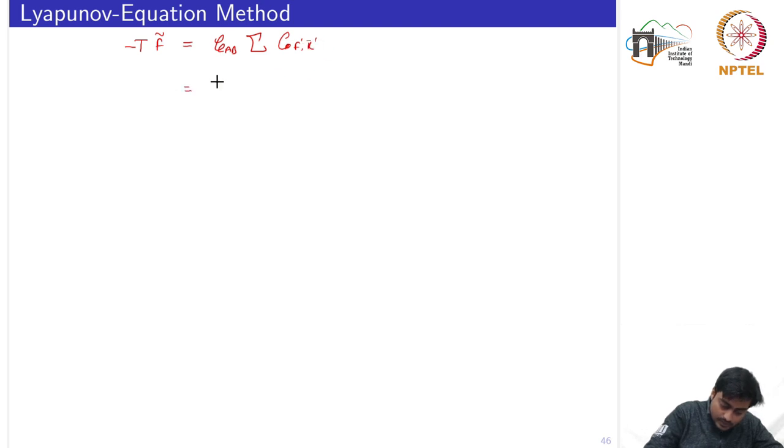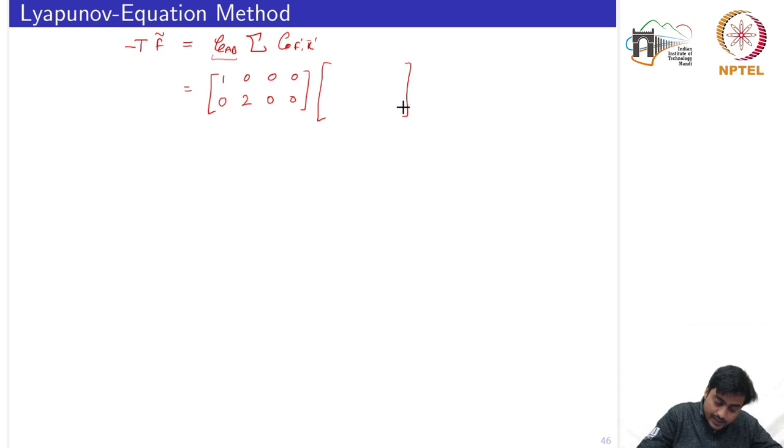Let's take some basic example to demonstrate this fact. We take two states and two inputs. In that case, this matrix would have the dimension 2 cross 4, and that 2 cross 4 matrix can be written as this one. Now this matrix is a full rank matrix of rank 2.